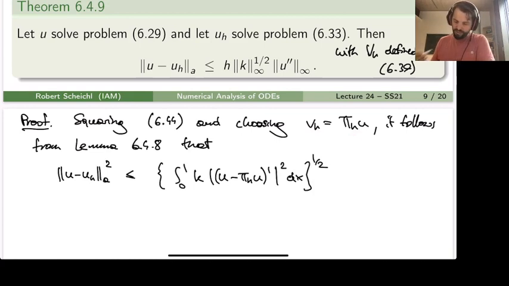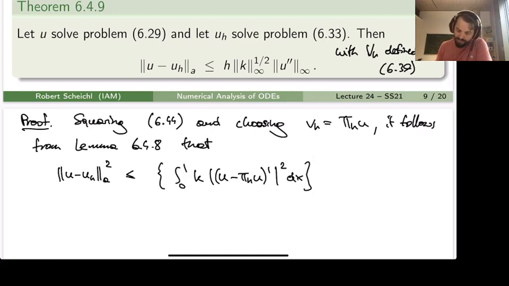Now, we know that K is continuous and even continuously differentiable, so we can take the maximum of K out. So there's no square root here, sorry, because I've squared it.